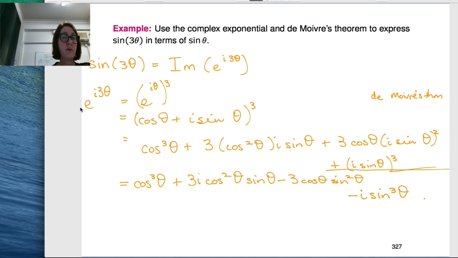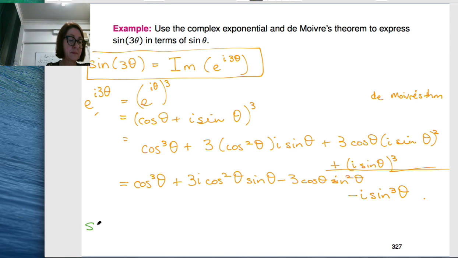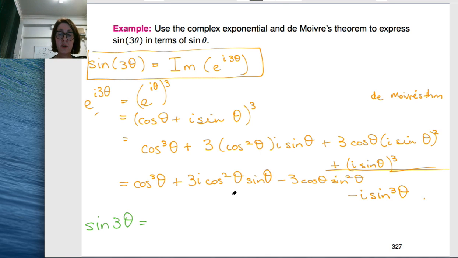But when we go back up here, remember what we said was that sine 3 theta equals the imaginary part of e to the i 3 theta. So we're using this result now. If we want to write sine 3 theta, we're looking for the terms here that have got i in their product. This one doesn't include an i, so that's the real part of the complex number.